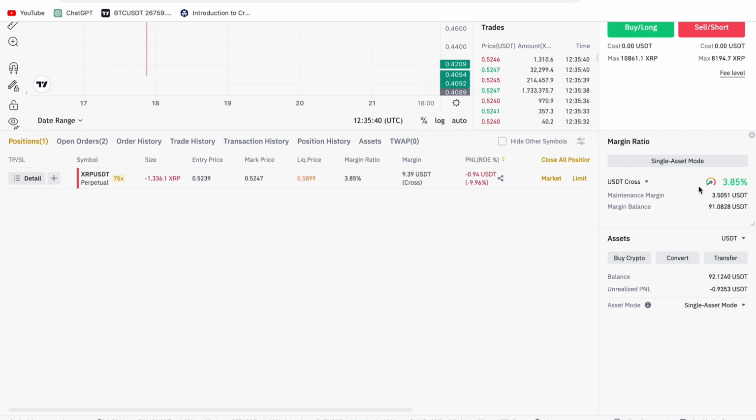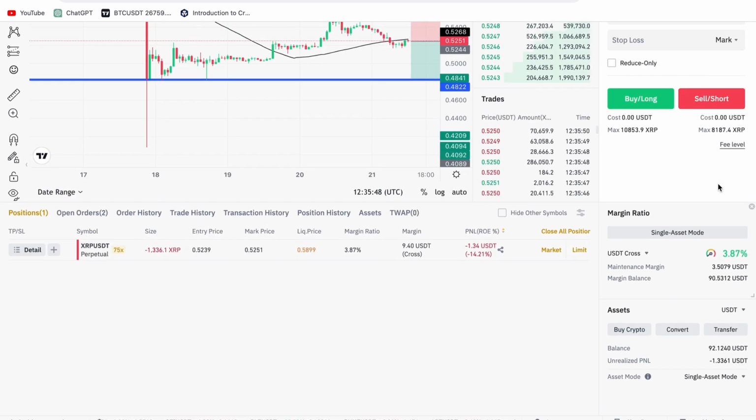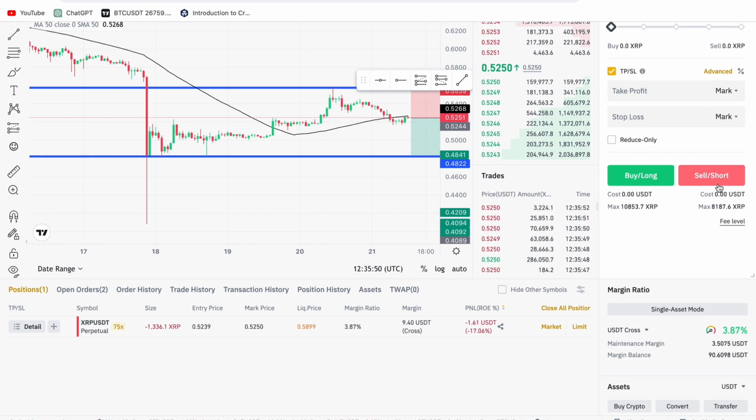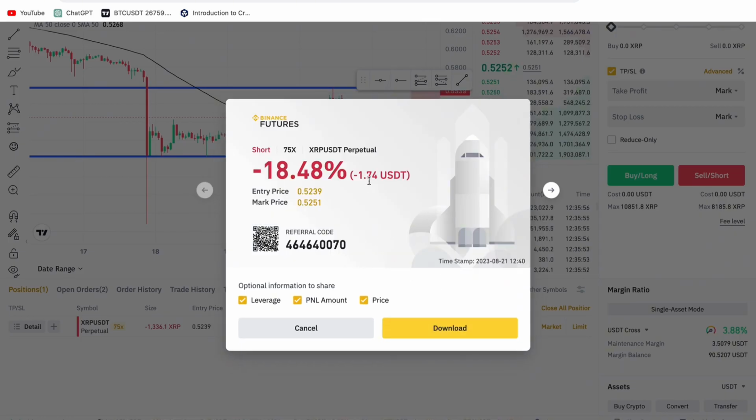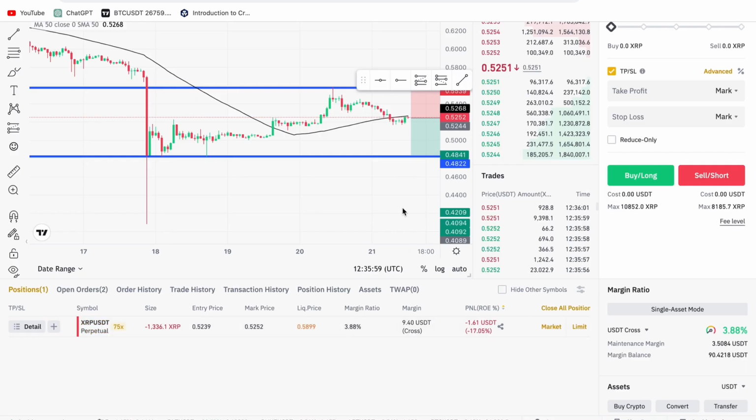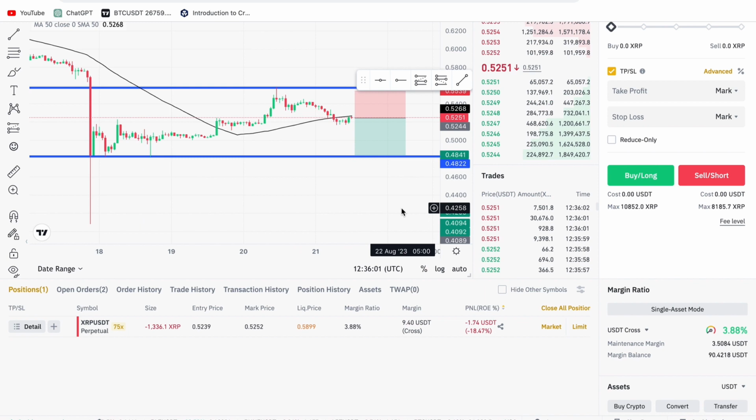Okay, it's very important you always check the risk thermometer. If this meter has changed to yellow or brown, you are supposed to cancel the trade and retake it again. So this is the current situation on the trade. We have lost minus $1.7. Make sure that if it doesn't touch your stop loss, you don't have any problem.